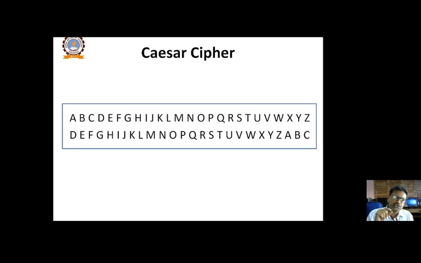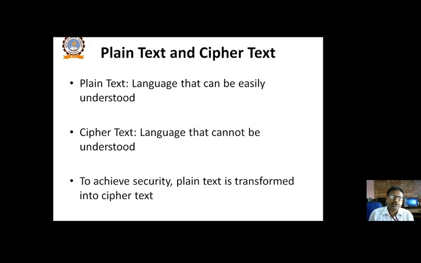Now, if BHV is traveling instead of yes, it is not understandable by the person. So that is the method of encoding plain text into ciphertext, and this method is known as the Caesar cipher method. Let us get an idea of what is called plain text and what is called ciphertext.